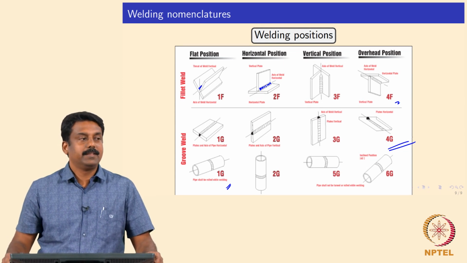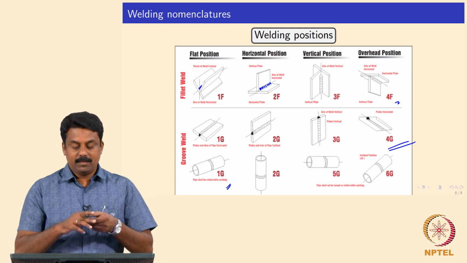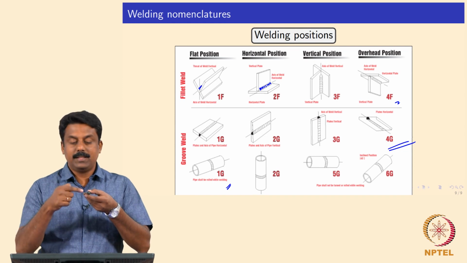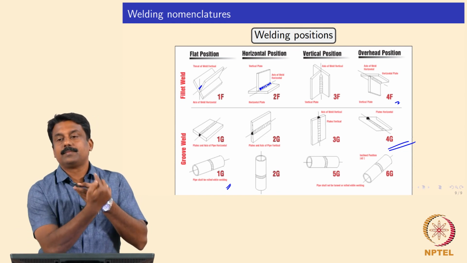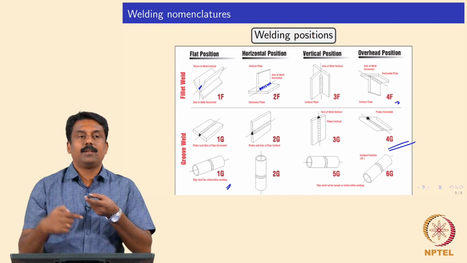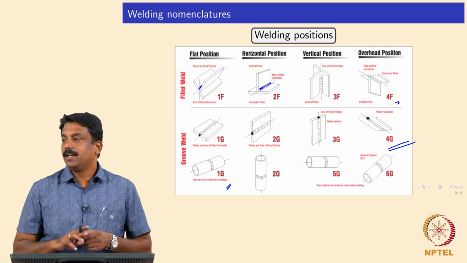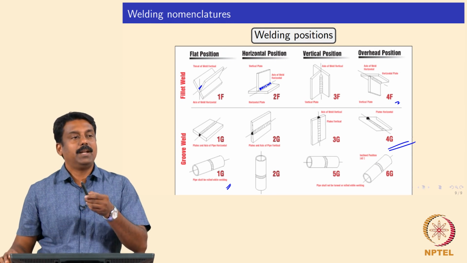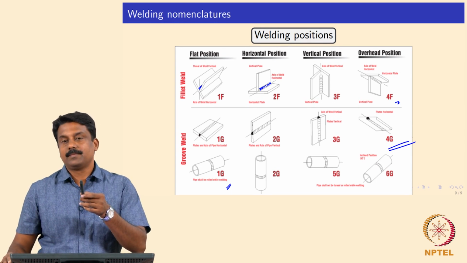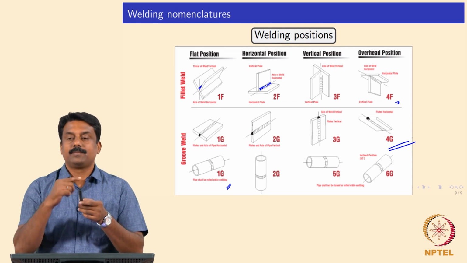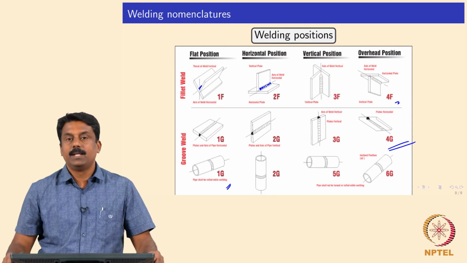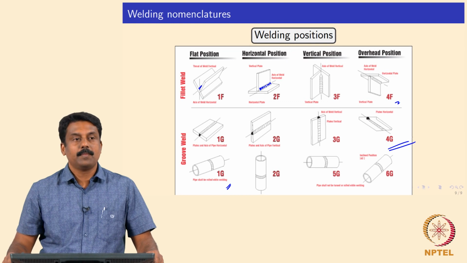And then 5G, so 5G is the pipe is horizontal, but the torch is rotated, right. Is it clear? 6G is where the pipe is stationary, but at an angle, and still the torch is rotated around. Is it clear? Any questions? Good.